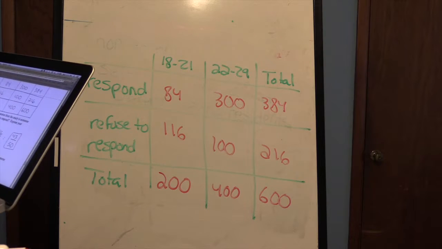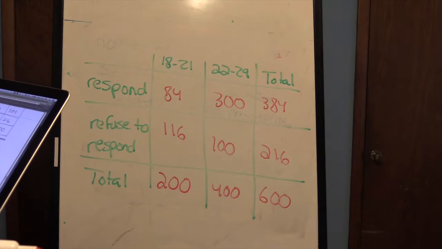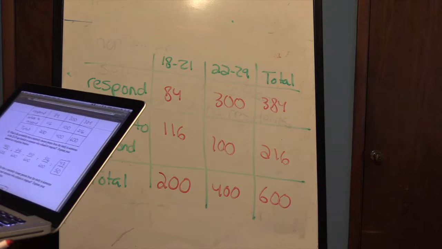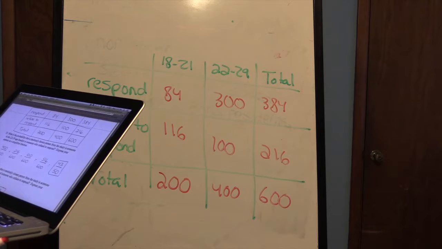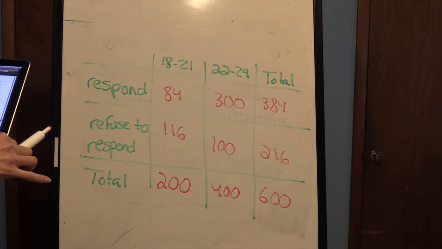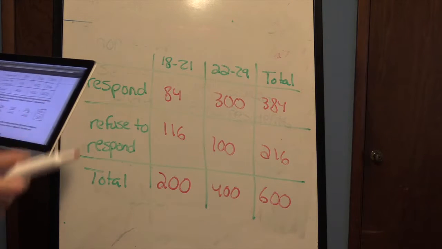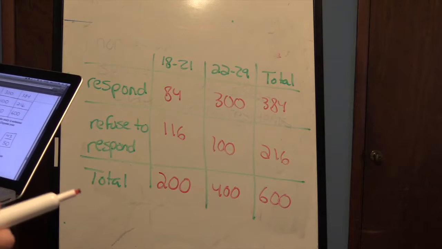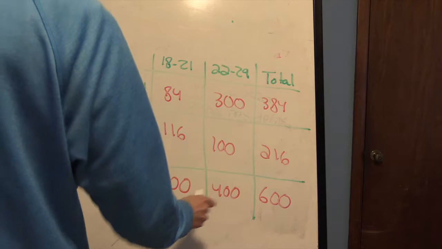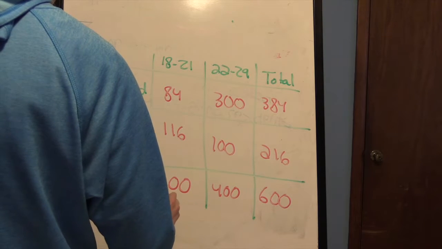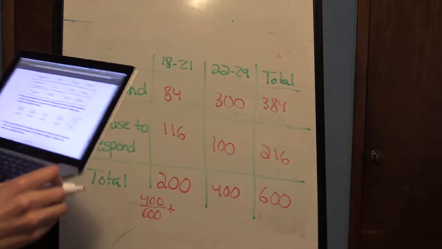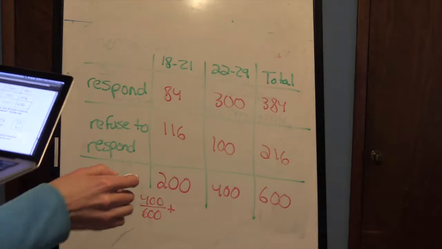Now we're going to answer some questions based on the contingency table that we made. So it says, what is the probability a randomly chosen person from the study is someone in the 18 to 29 age bracket or someone who refused to respond? If you remember, I said when we're talking about contingency tables, you're going to have a subtraction in that or problem. So first we look at what's the probability someone's in the 22 to 29 age bracket. Well, there's 400 of them out of 600. Okay? Then we look at what's the probability of someone refusing to respond.